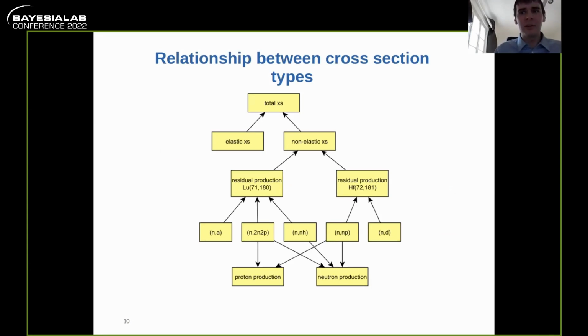Here is just an example, and they're related to each other according to the definitions. For instance, I talked already about the elastic cross section, where the incident particle is just deflected. Another cross section type is the non-elastic cross section, and there all processes are summarized where the incident particle loses some energy to the nucleus or is absorbed in it.